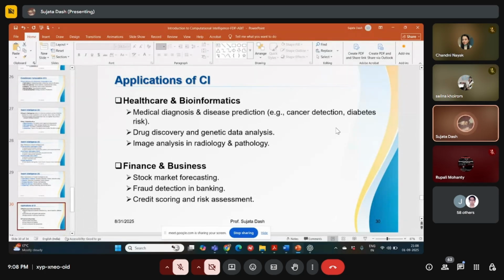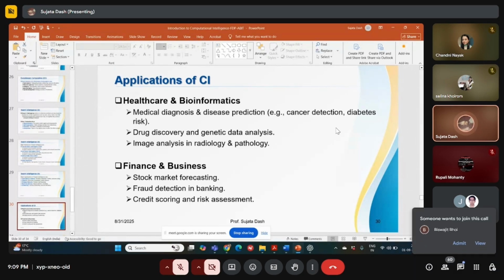So, for example, predicting cancer risk from biopsy images or estimating the likelihood of diabetes and heart diseases from health records can be done very effectively using this computational intelligence technique. Then why does it matter? Because we always want early detection of the disease so that lives can be saved and the cost can be reduced.